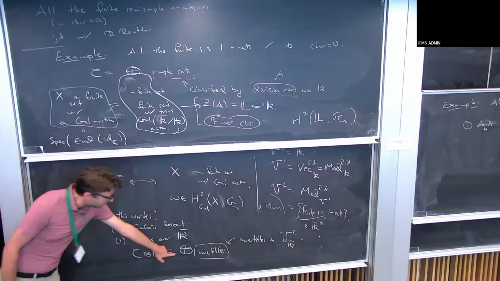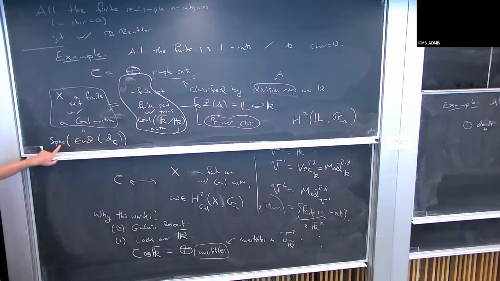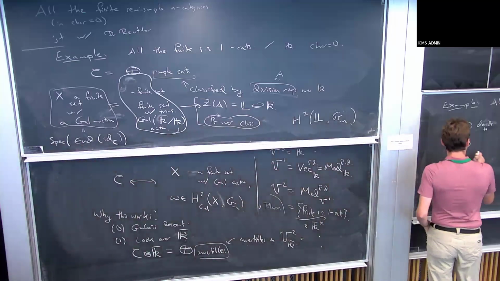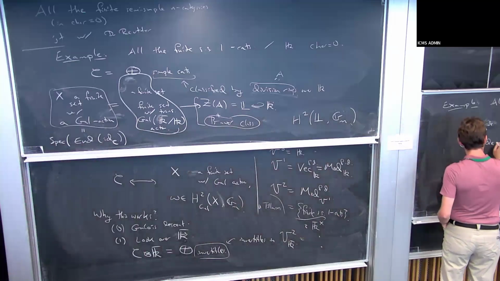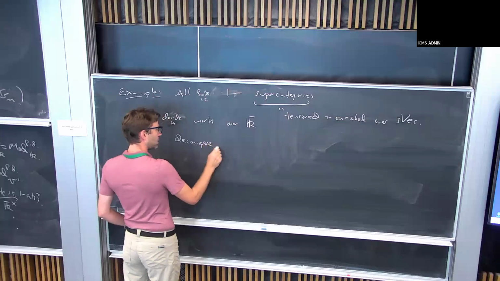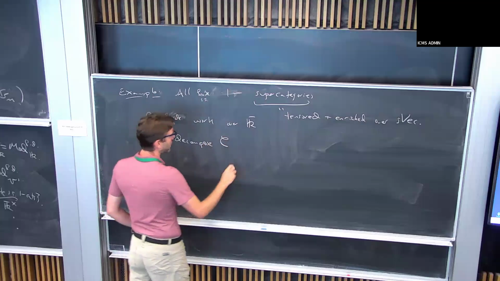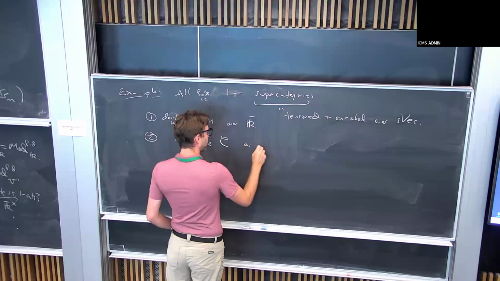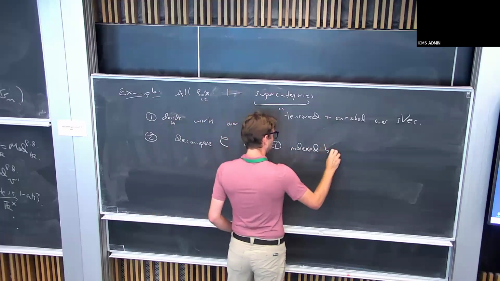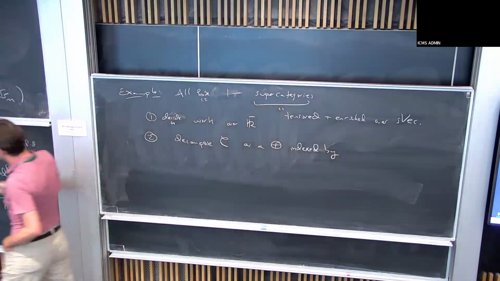What you want is to decompose your category as a sum indexed by the spectrum of the, so you decide to decompose your super category as a sum indexed by this algebra.